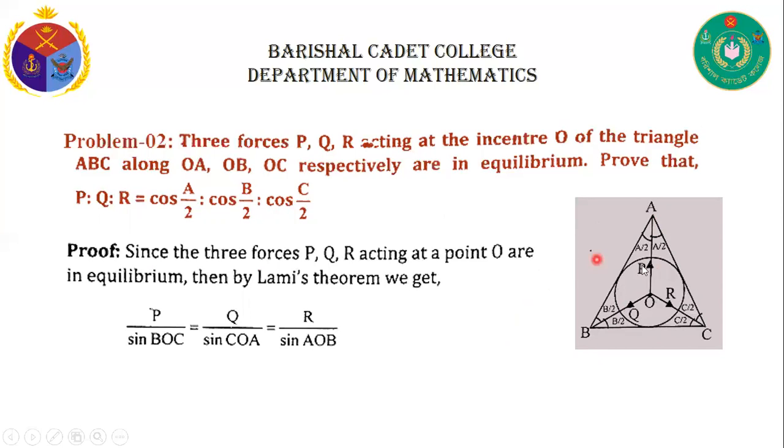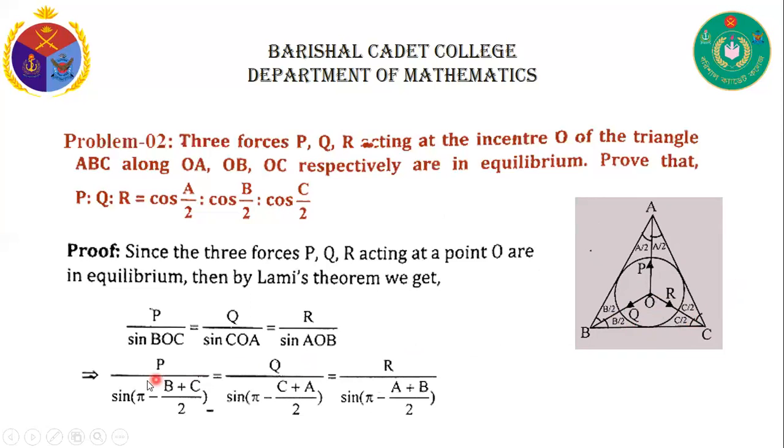So the line OA bisects angle A into A by 2 and A by 2. The line OB bisects angle B, B by 2, B by 2. And OC bisects angle C, C by 2, C by 2.